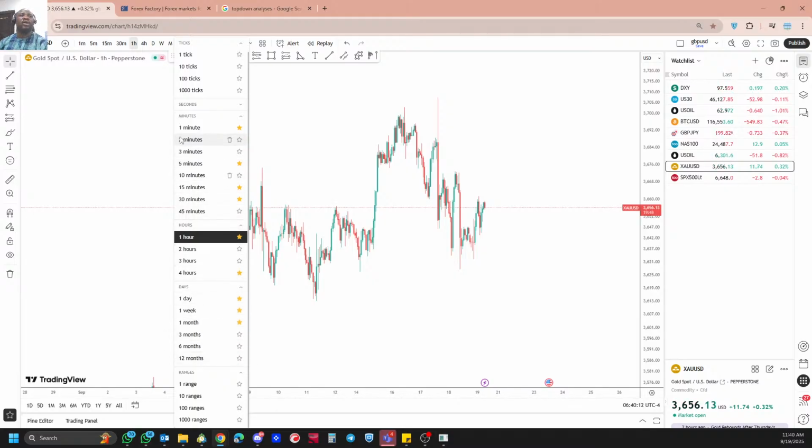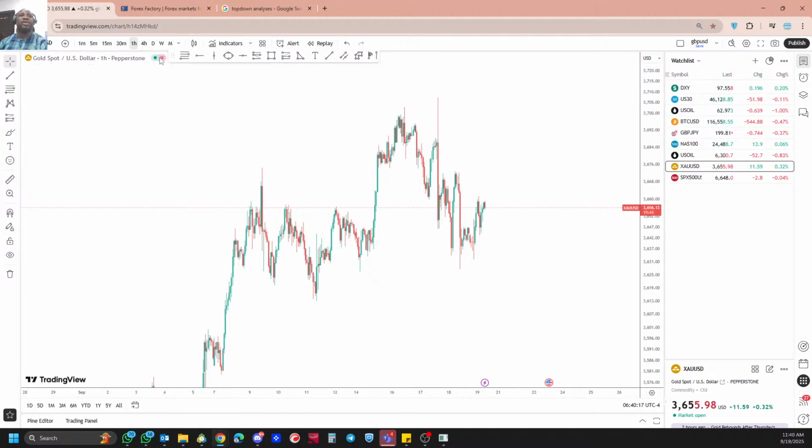But what I would advise for starters, the major time frame of interest would be from the monthly down to the 15 minutes. Do not go anything lower than that. You don't even need to open anything lower than those time frames. You just stick with those.